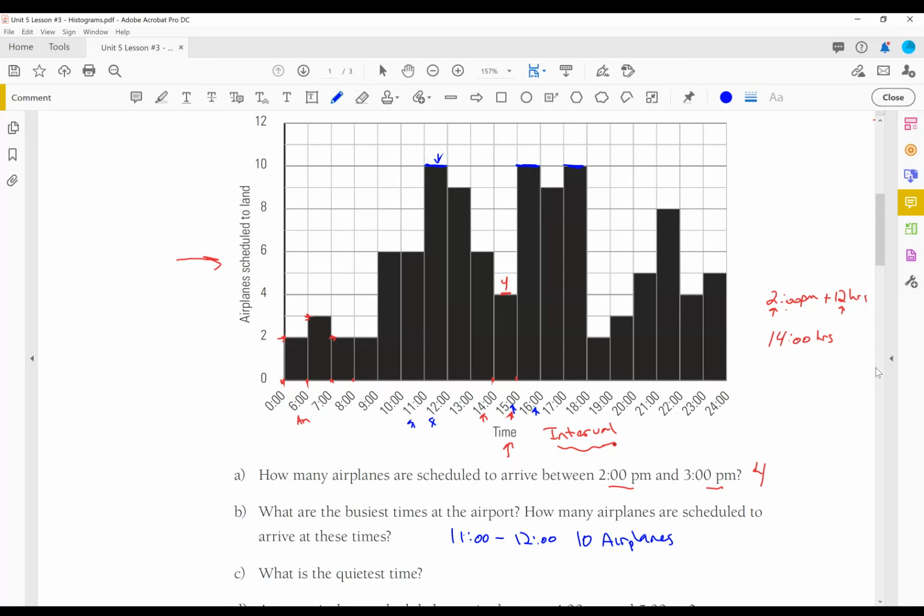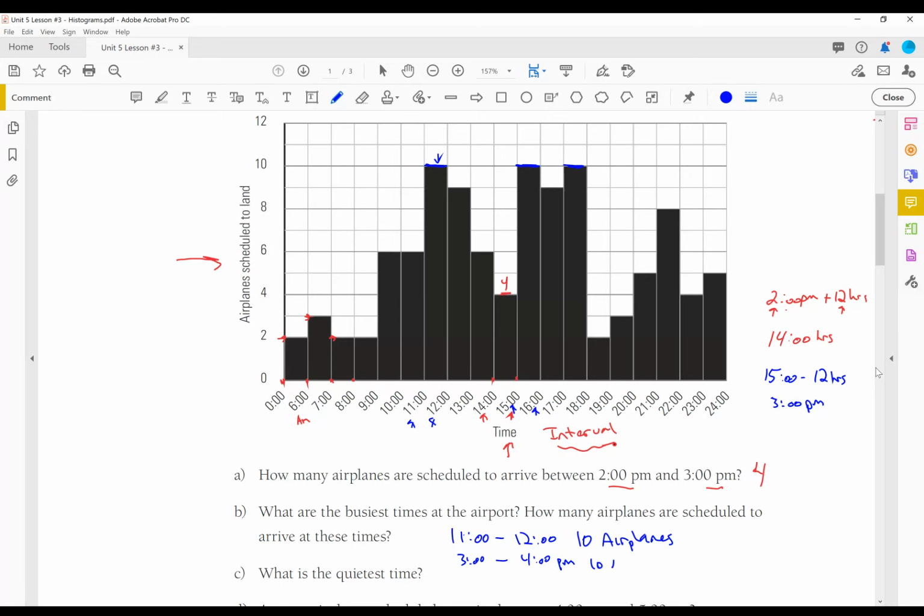To figure out what time that is, again, the same logic. I'll take 1500 and subtract 12 hours now to get my non-military time. So 15 minus 12 is 3. So it's 3 o'clock, and it's PM. So between 1500 and 1600 is 3 o'clock and 4 o'clock PM.